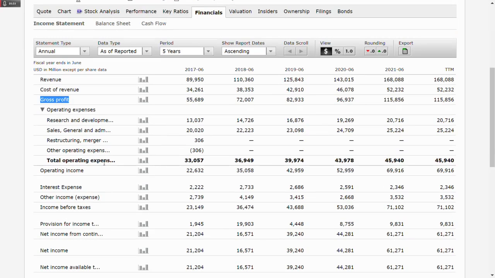So they add up the total operating expenses. Here you have 45,940,000,000, and the operating income is the 115 minus the 45, and then we get the 69.